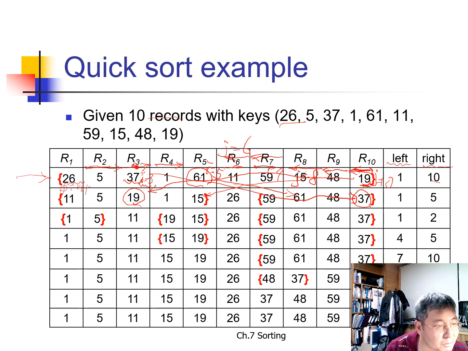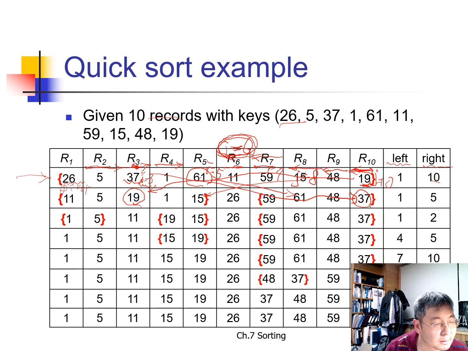So it will check whether I is less than J. Okay, it is violated. So we will exit the main loop statement. At that time, J is 6.